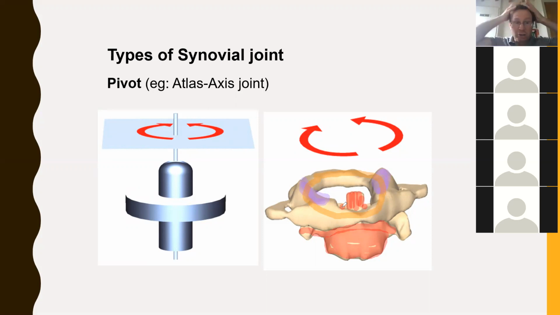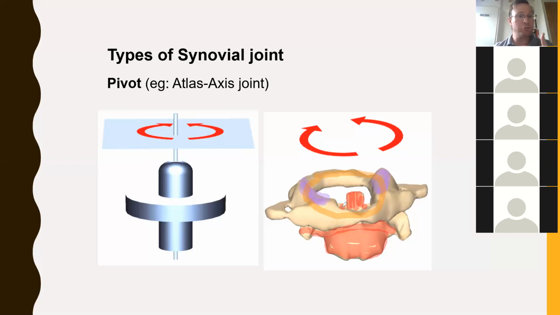So the skull fits on top of that blue section, or the purple section, that allows that. And that, with the atlas on it, is able to rotate around that little red peg, and that is the pivot joint. So that pivot joint allows rotation at the top of the neck.